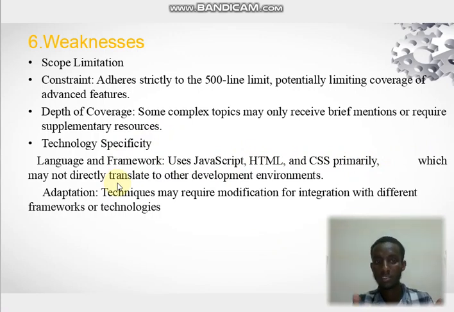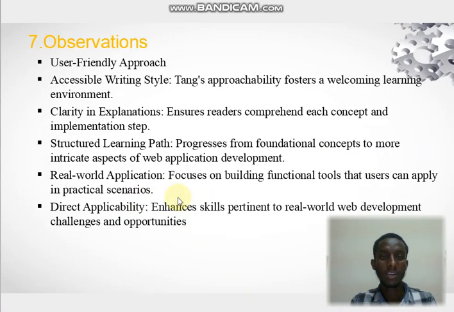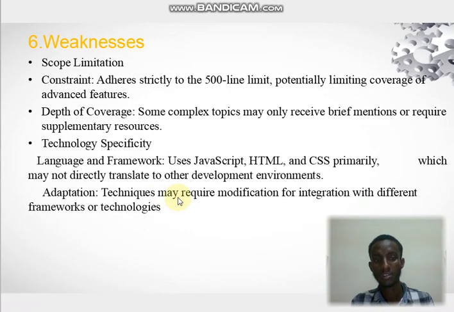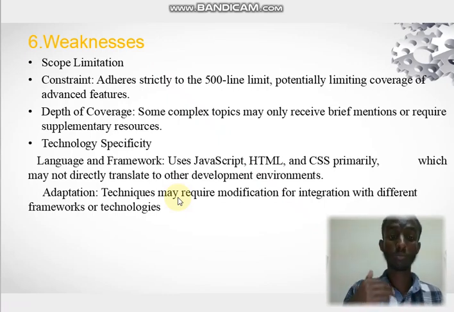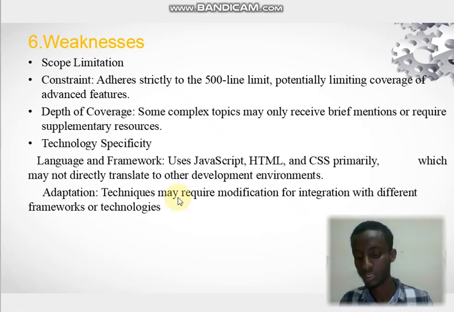So it has a weakness in adaptation, because the techniques may require modification for integration with different frameworks or technologies. As we have technology specificity, we cannot use more frameworks or languages. These are the weaknesses I have observed.